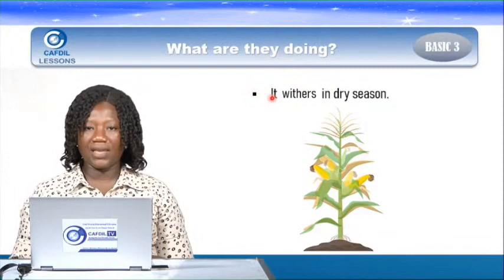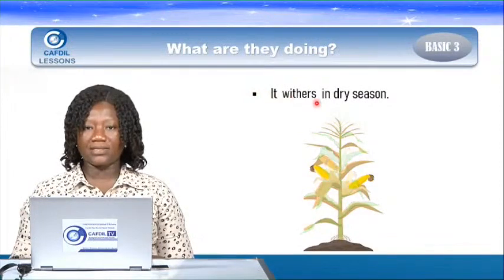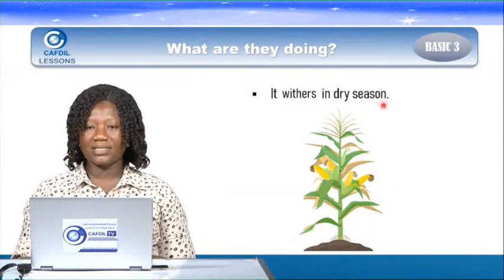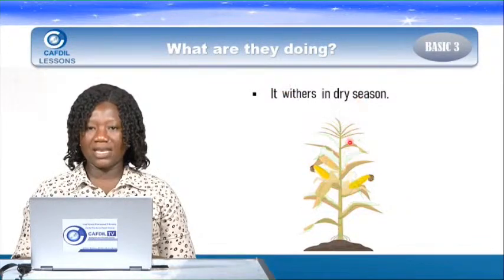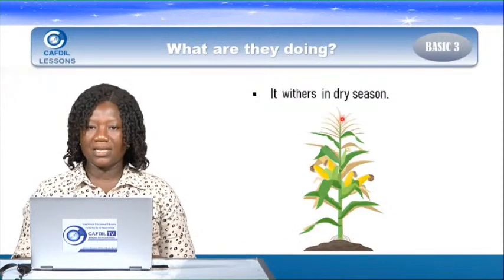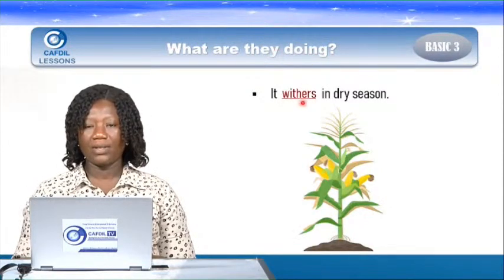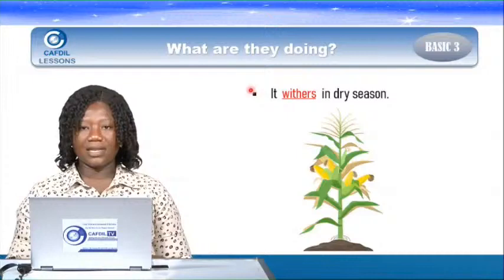So we will say it withers in dry season. It withers in dry season. Can you see it's withering? Now it's fresh. It's withering now. When it withers, the leaves turn brown like this one. Good.